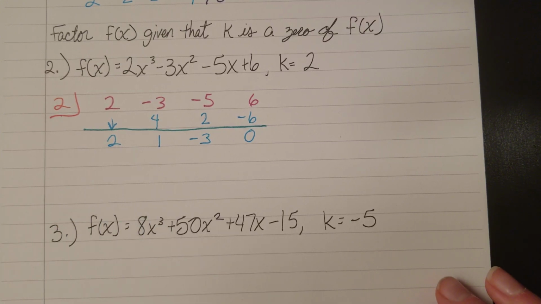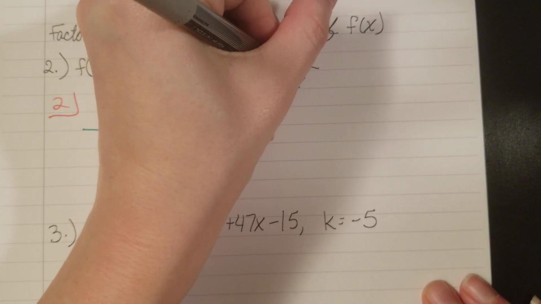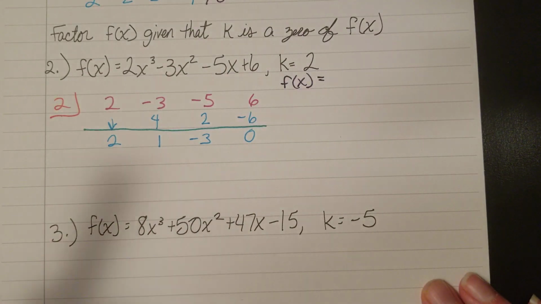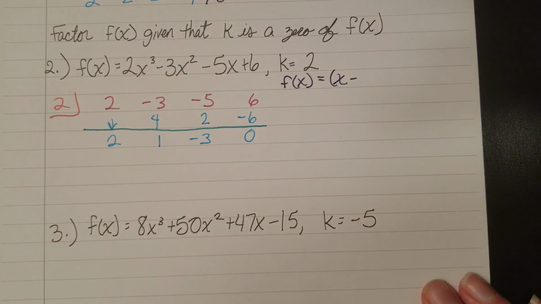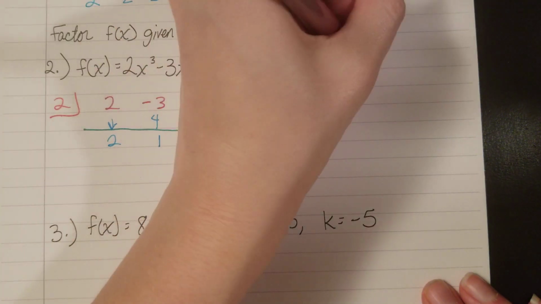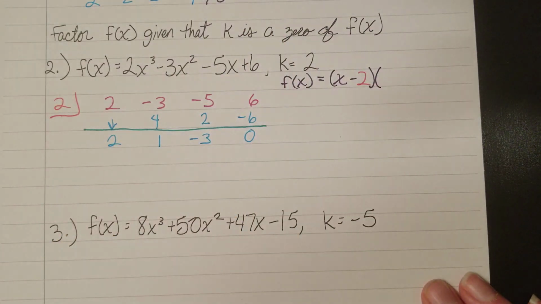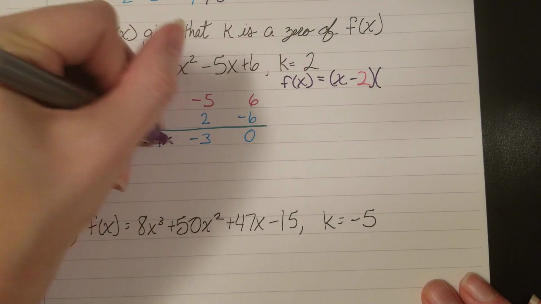So now we know that f of x, which is this function right here, we have figured out a first step of factoring it. It is going to be x minus the k, which is 2, and then here this is going to be 2x squared plus 1x minus 3.